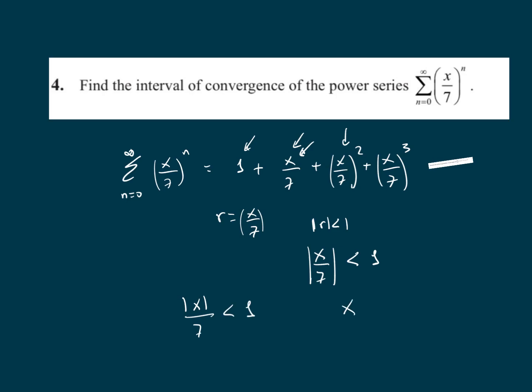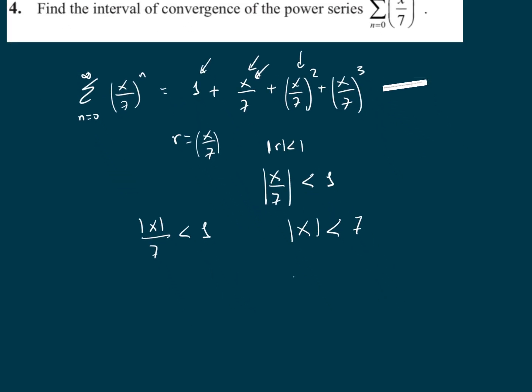So it converges when the absolute value of x is less than 7. So it converges when x is smaller than 7 and bigger than minus 7. And this is the interval of convergence. When x equals 7 or x equals minus 7, it will diverge, because the geometric series diverges at the endpoints.